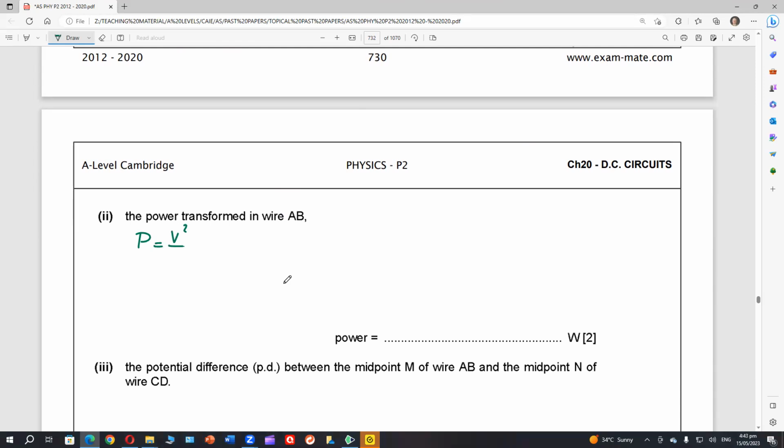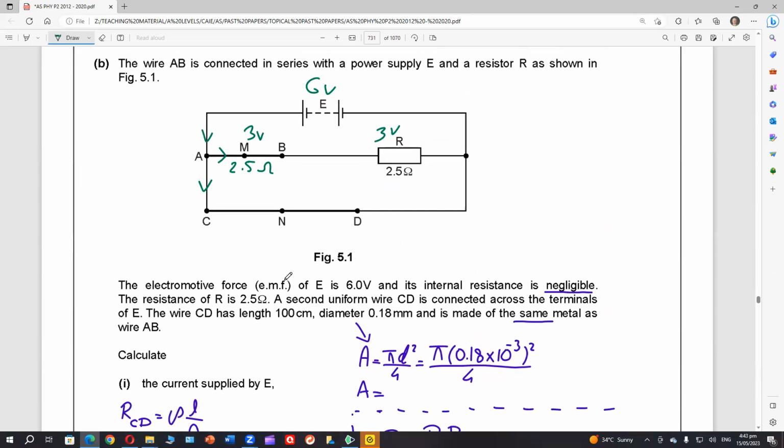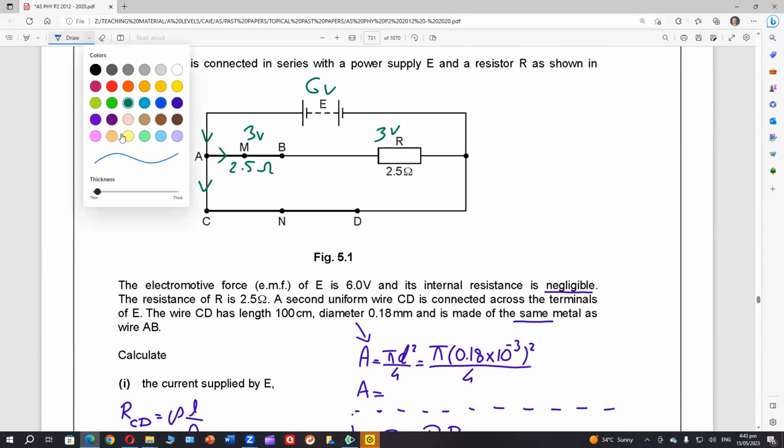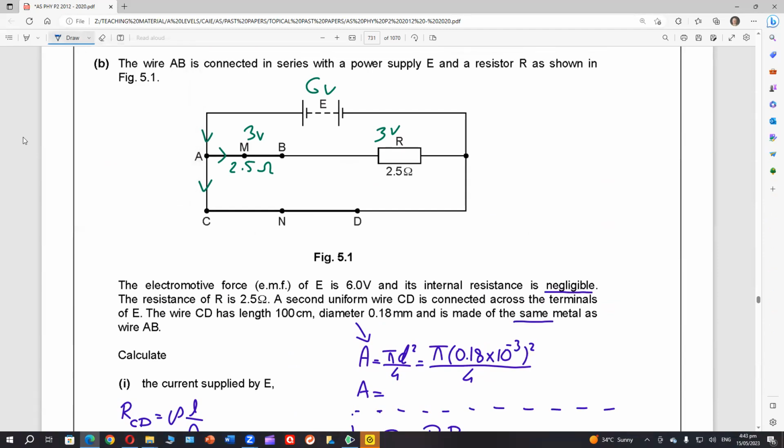Voltage will be the same across the whole circuit. No, voltage is divided, na? 3 volt, 3 volt. Acha, that one, because in parallel voltage is the same, na? So they are equal, like in ratio. So this loop gets 6 volt, and this loop will also get 6 volt. They both will get 6 volt.